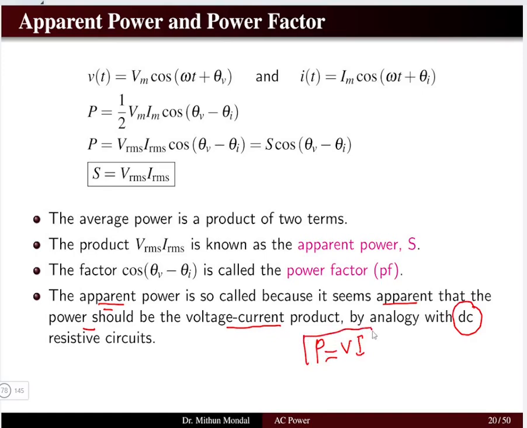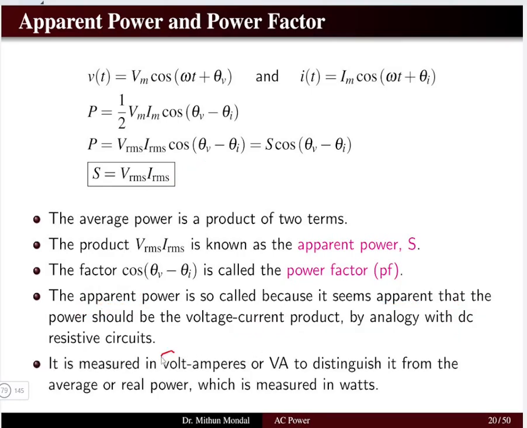For the AC circuit, we want the same formula for the power, so we write the apparent power as the product of the RMS voltage and the RMS current. The AC and DC power formulas look similar, and that is the reason the name apparent power has been given.